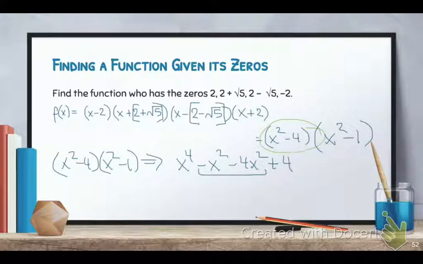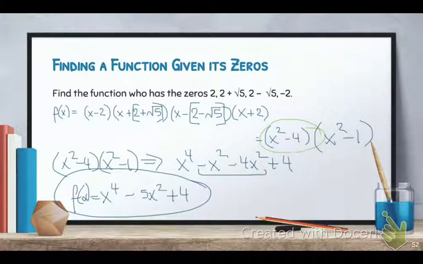These are like terms, they can come together. So finally I get f of x is equal to x to the 4th power minus 5x to the 2nd power plus 4. So that would be my function from the zeros they gave me.